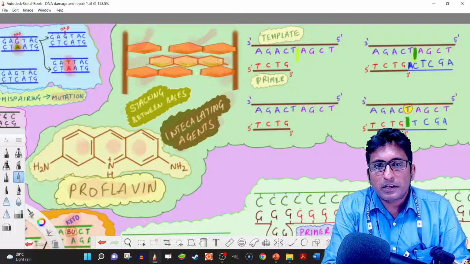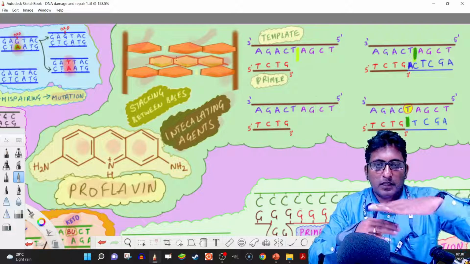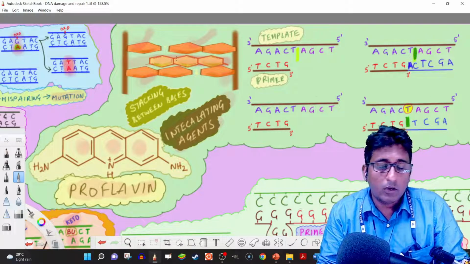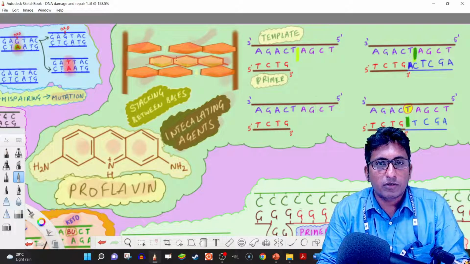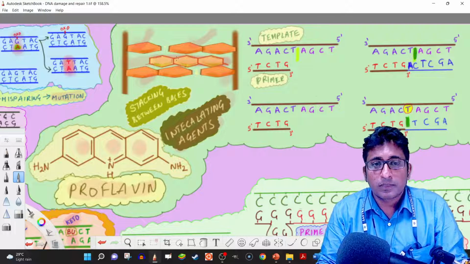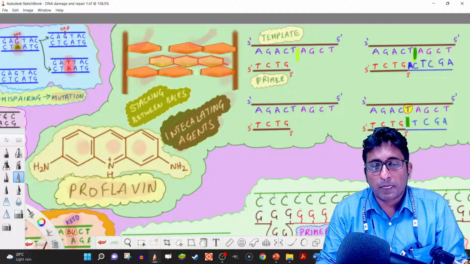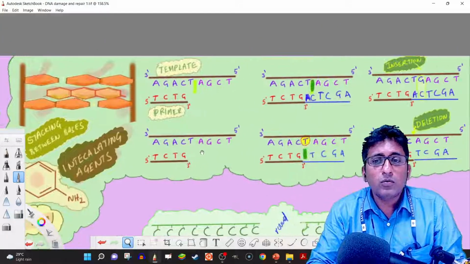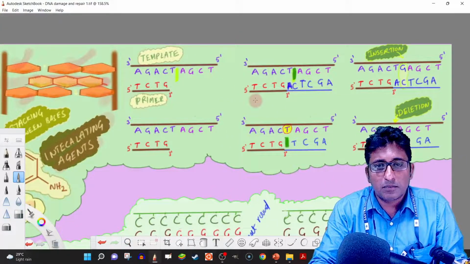The intercalating agents slide between them and stack along with the bases. Molecules that do so are referred to as intercalating agents. They stack between the bases. There is a problem because of them, and how they result in mutations is what we will try to have a look at.